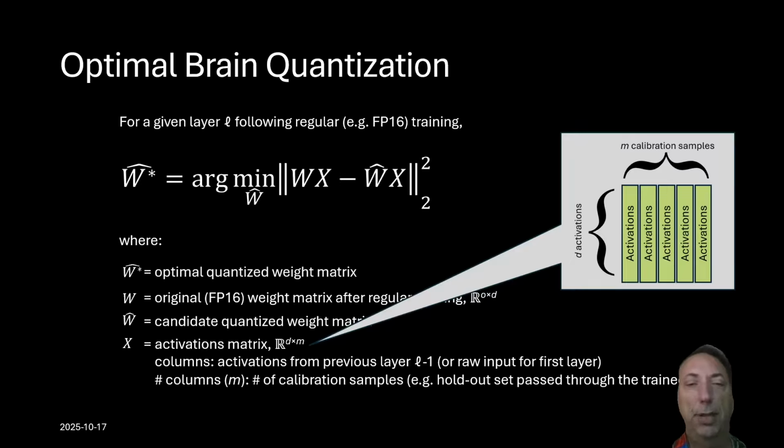It's multiple samples from that test set, and they're just stacked up. So this is actually, really is, batch processing. So X is a matrix. We have M number of calibration samples, and then D activations for the layer. If this is the very first layer, then activations is really just our raw input.